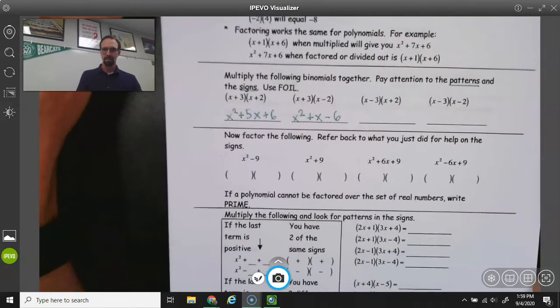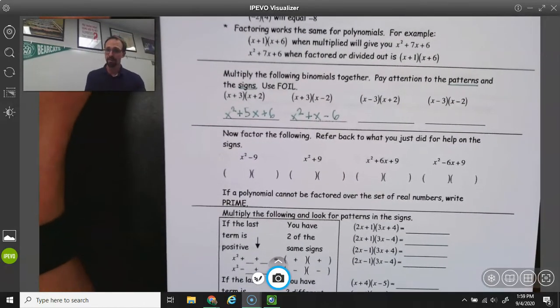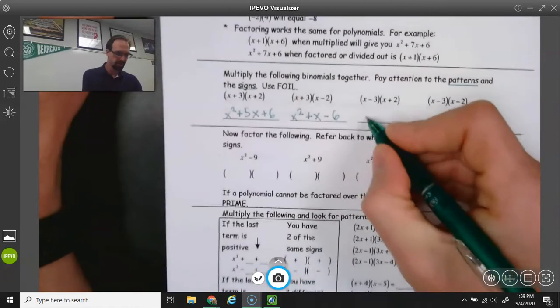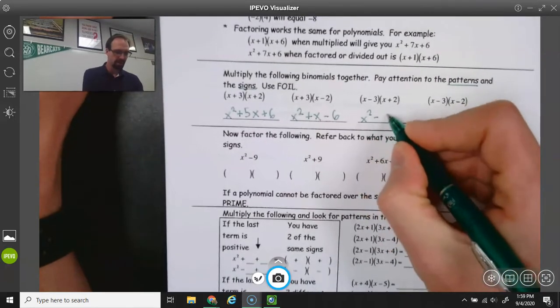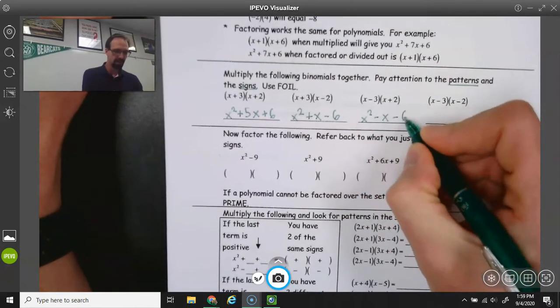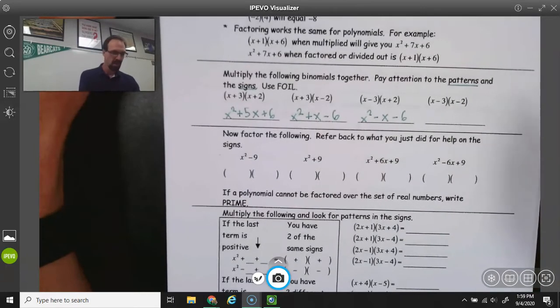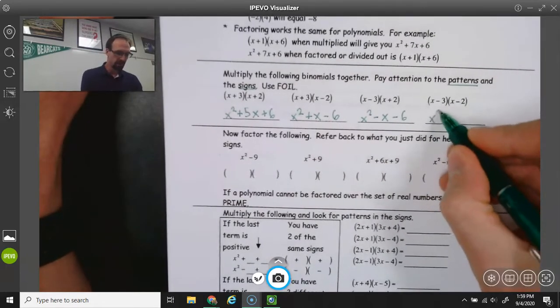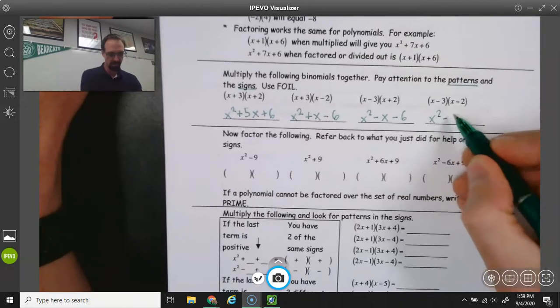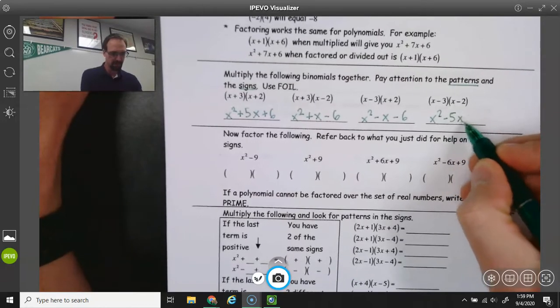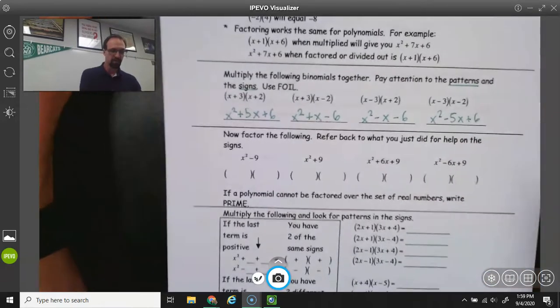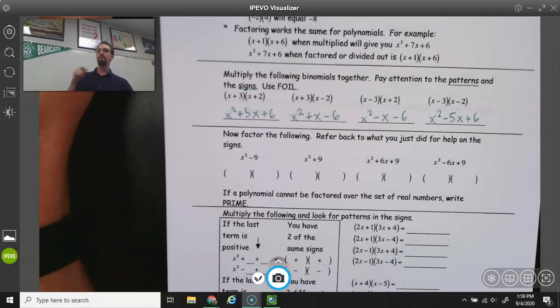I'm going to see some patterns here soon. The next one's very similar, except the minus sign's with a 3, so this gives me x squared minus x minus 6. Interesting. And then this gives me x squared, and then here I have minus 5x, and then plus 6. So really what I want you to focus on is what's happening with the signs.